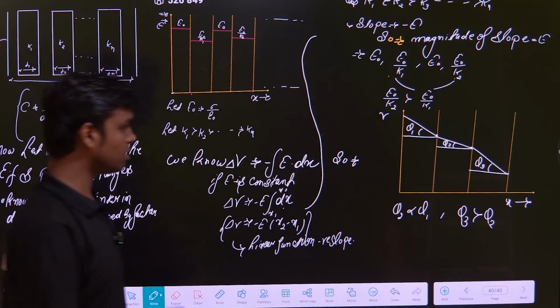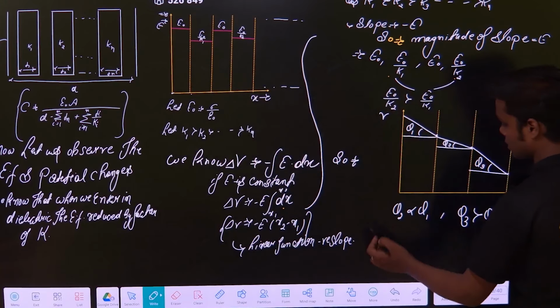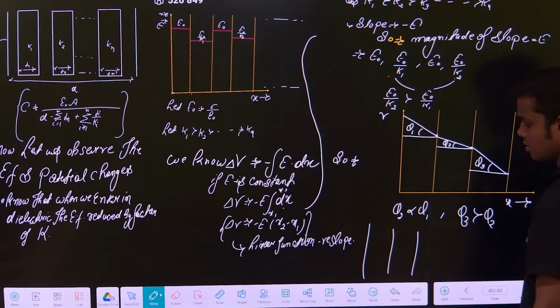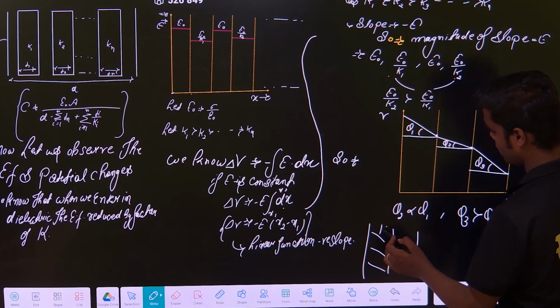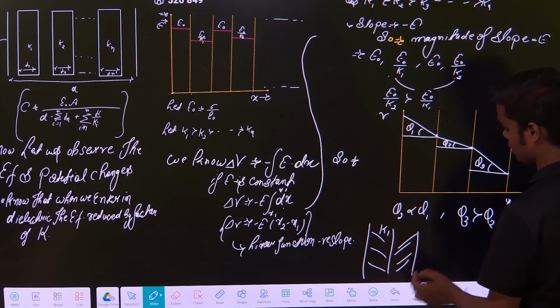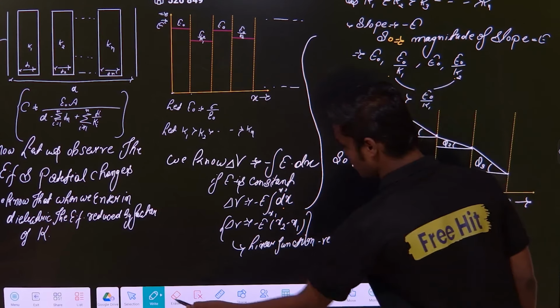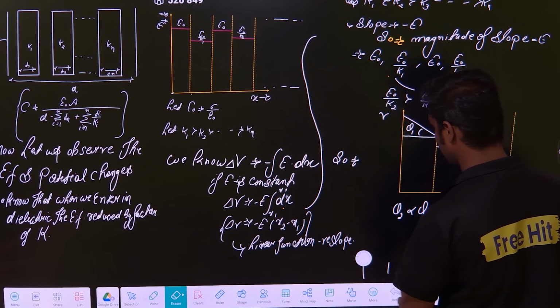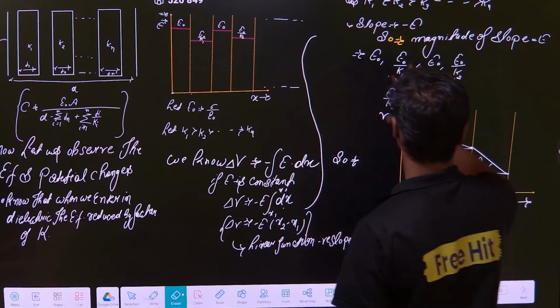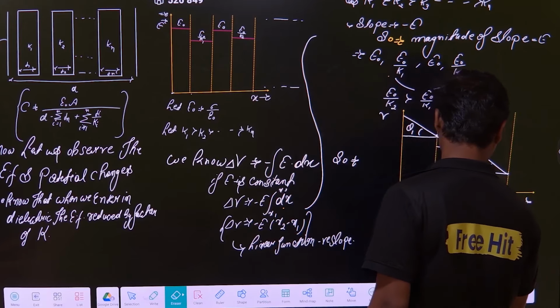And the question they have asked, what they have given, they have given this. They have said that here we have filled K1 and here we have filled, let me tell you on a different page. On this concept only they have asked a question, the concept I told you right now. On the same thing, JEE Advanced has asked one question.